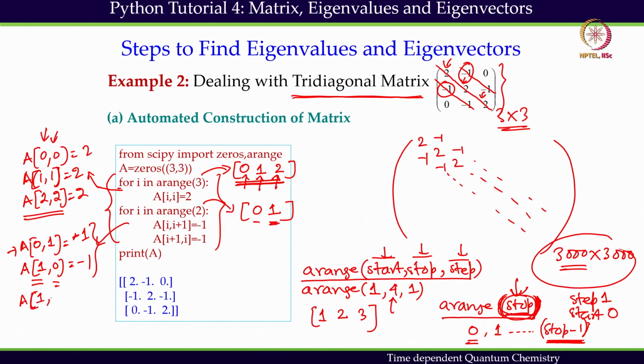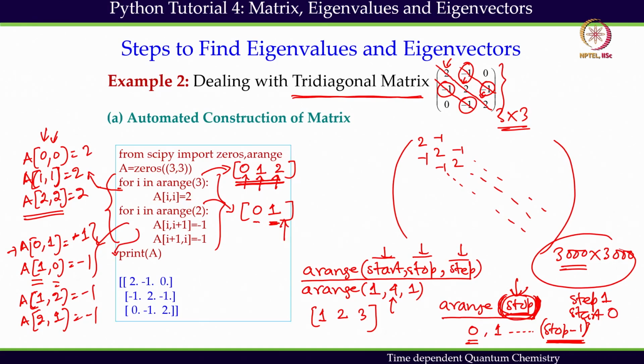So, it is going to be 1 2, that is going to be minus 1, and 2 1 is going to be minus 1. So, I have these values, and then I do not have any other numbers. That is why the for loop will terminate and go to the next command line.